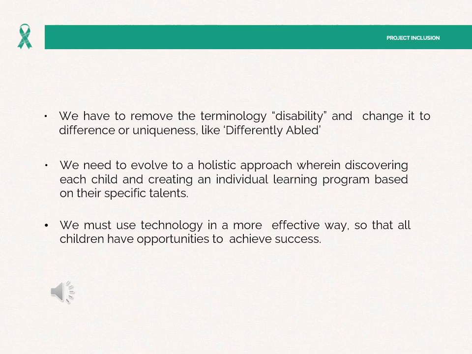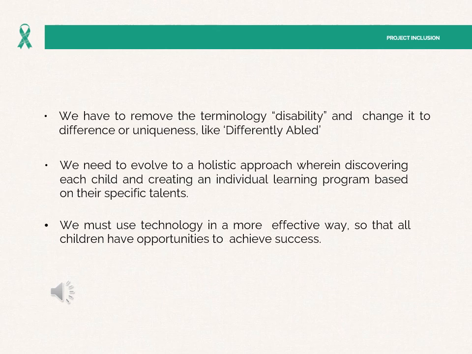Next, we need to evolve to a holistic approach wherein discovering each child and creating an individual learning program based on their specific talents is very important. Individualized education plan, which in short we call IEP, is extremely important for any child with any disorder.